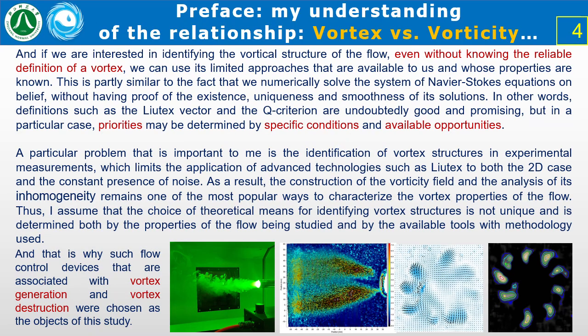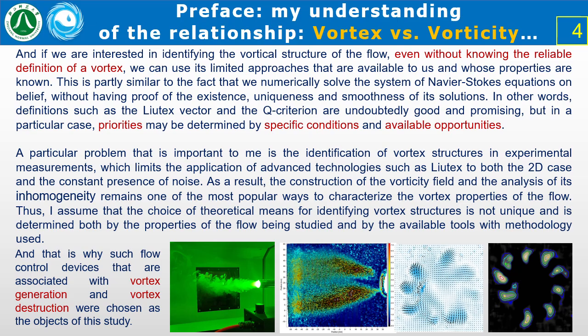And if we are interested in identifying the vortical structure of the flow, even without knowing the reliable definition of a vortex, we can use its limited approaches that are available to us and whose properties are known. This is partly similar to the fact that we numerically solve the system of Navier-Stokes equations on belief without having proof of the existence, uniqueness, and smoothness of its solutions.